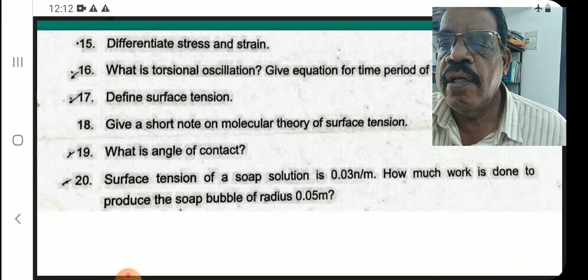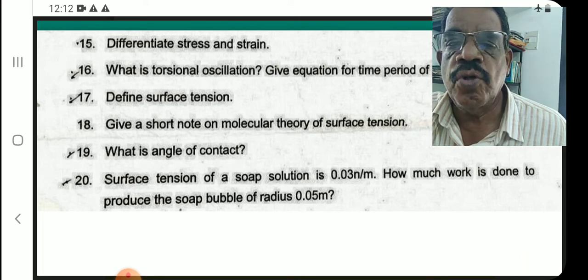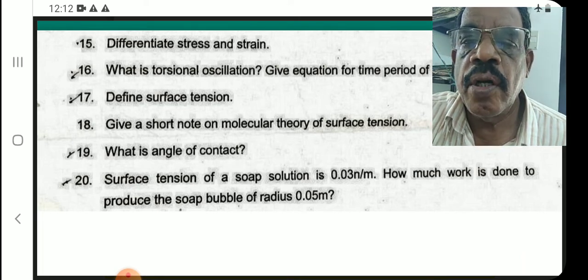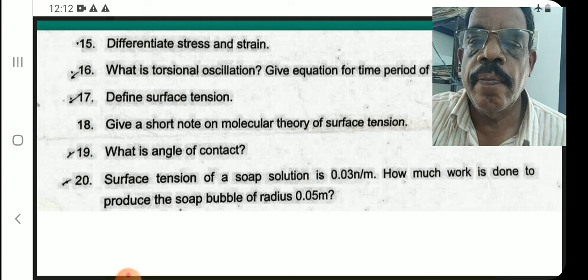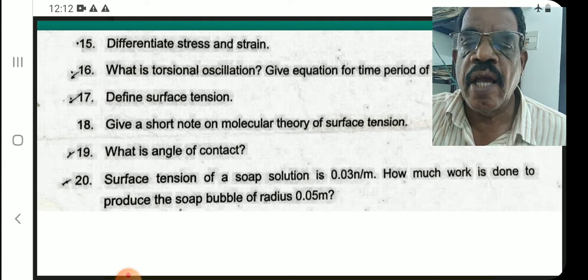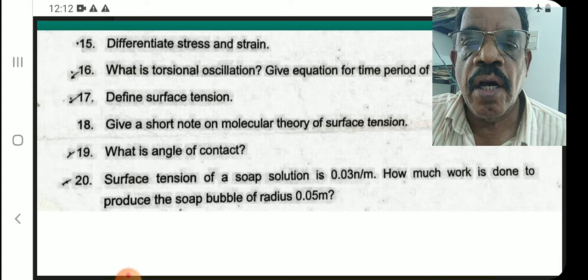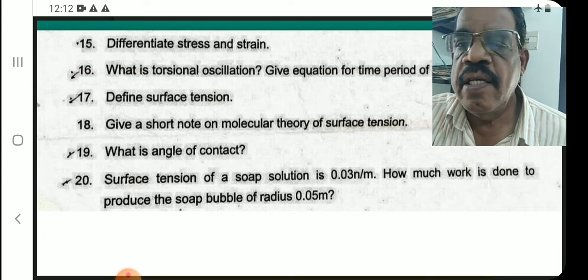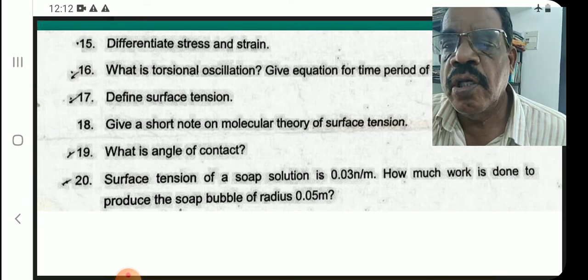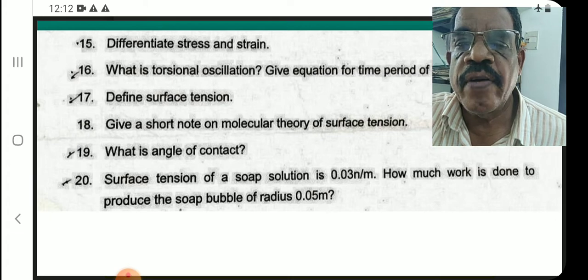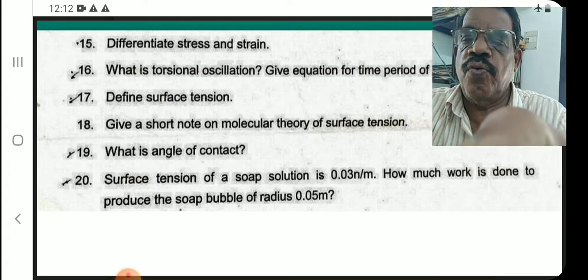Number 20, surface tension of a soap solution is 0.03 Newton per meter. Newton should be in capital letter. How much work is done to produce the soap bubble of radius 0.05 meter?